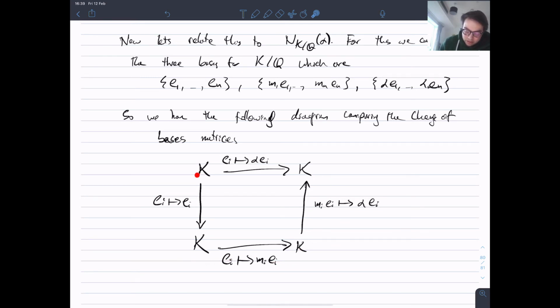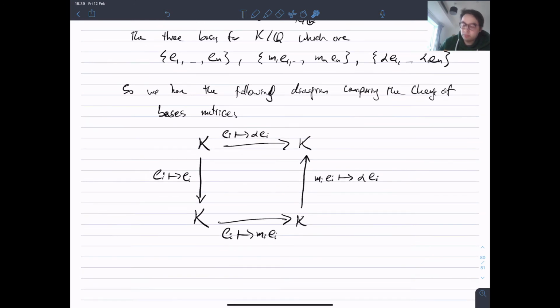You'll see that this diagram commutes. Here I've done nothing. Here I've changed to the m_i's, and here from the m_i's I've changed to the alphas. It's the same thing as just starting with the e_i, then changing to the alphas. But remember, this is just the map given by multiplication by alpha.